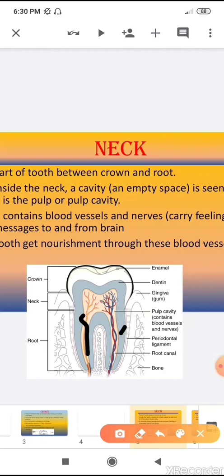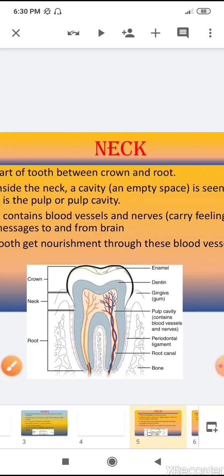So your neck portion contains blood vessels and nerves. The function of blood vessels is to carry the blood, and the function of nerves is to carry the message or feeling from the part to the brain and from the brain to the part.